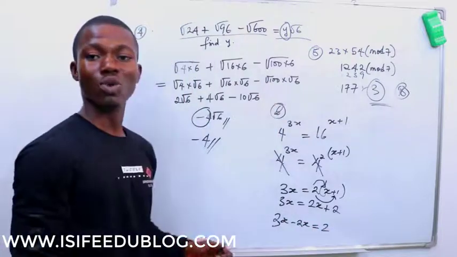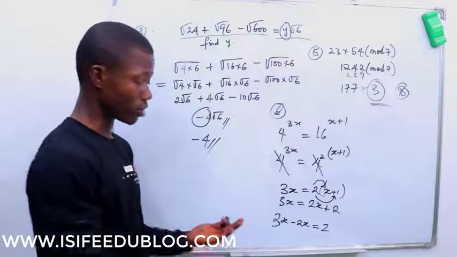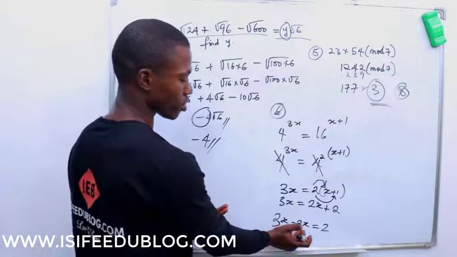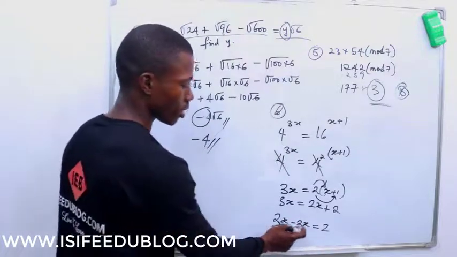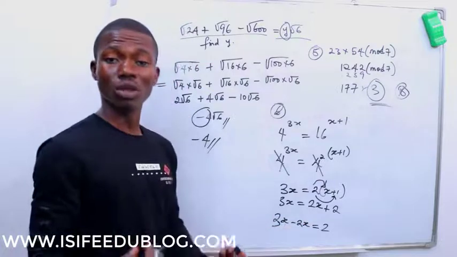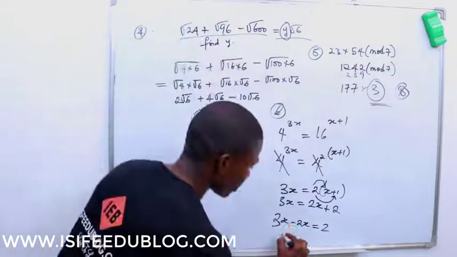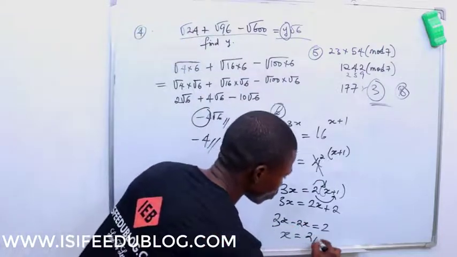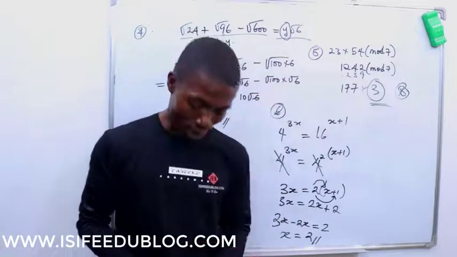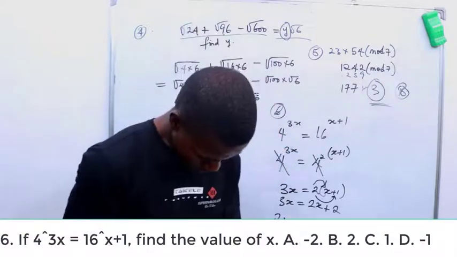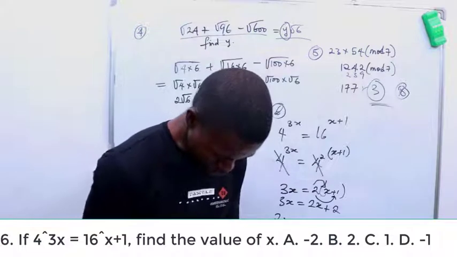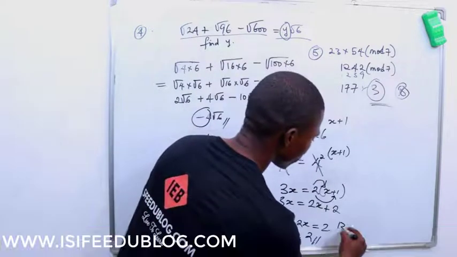You just subtract the coefficients: the coefficient of this is 3, the coefficient of this is 2. 3 minus 2 gives you 1, but you don't write 1x, you just write x is now equal to 2. So let's go to our options and check our answer. Question number 6, our answer is 2, option B.